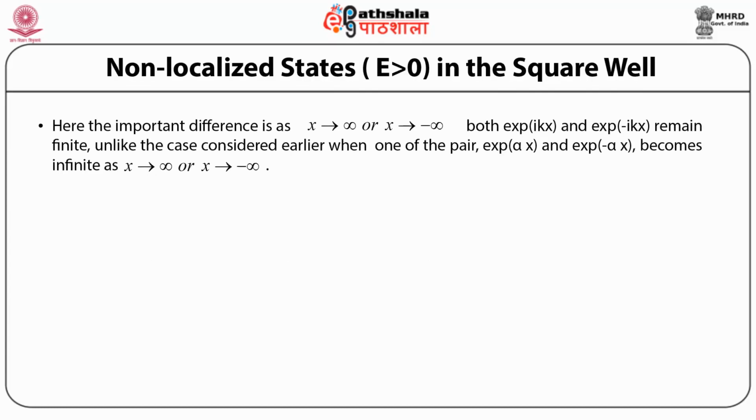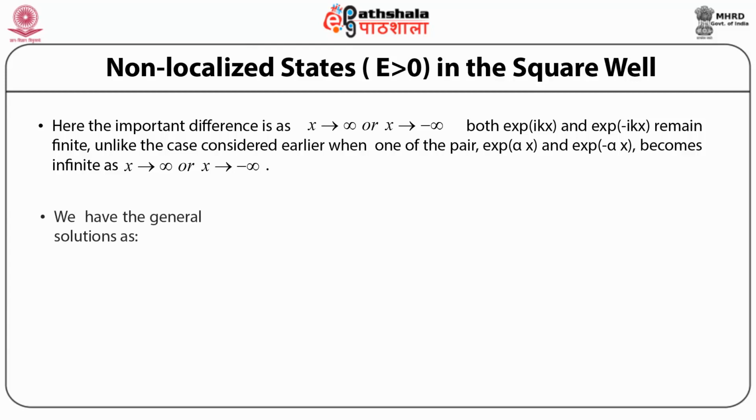Here, the important difference is that as x tends to infinity or minus infinity, both exponent iota kx and exponent minus iota kx remain finite, unlike the case considered earlier when one of the pair, exponent alpha x and exponent minus alpha x, becomes infinite.